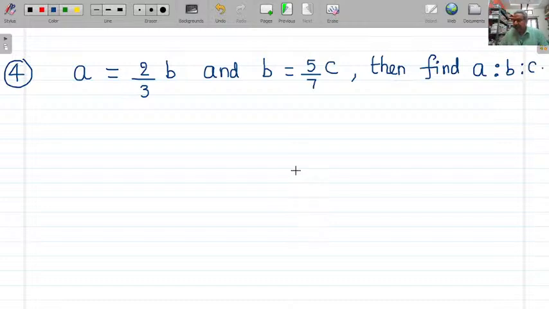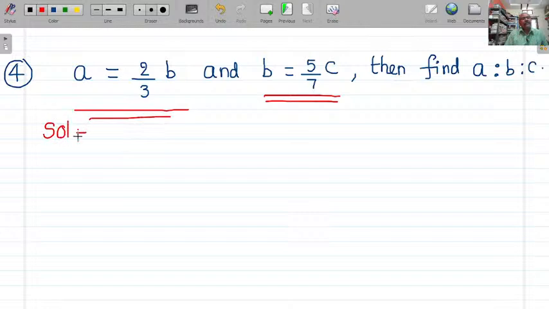Try to solve. So now as A is equal to 2 by 3 of B, are you able to write A is to B? Here A equals 2 by 3 of B, B is equal to 5 by 7 of C. Then now we need to write A is to B. It's very simple.